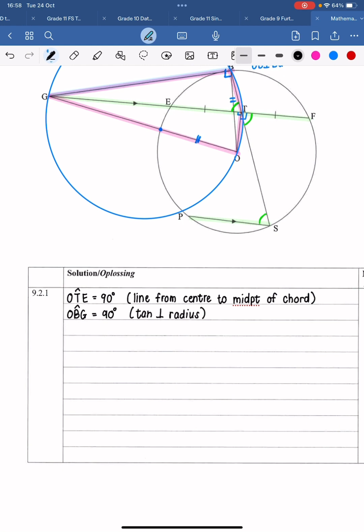All right, and now we can say that therefore OTE is equal to OBG. Therefore OTBG is a cyclic quad.